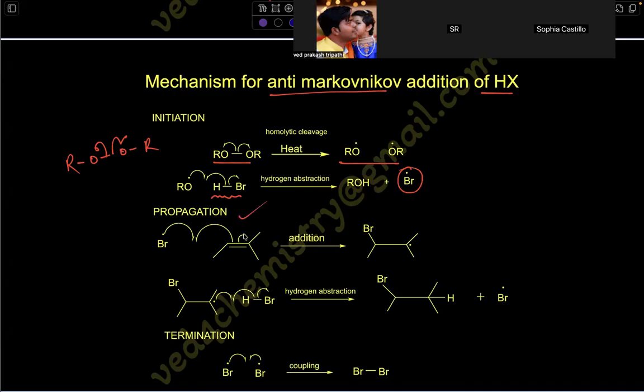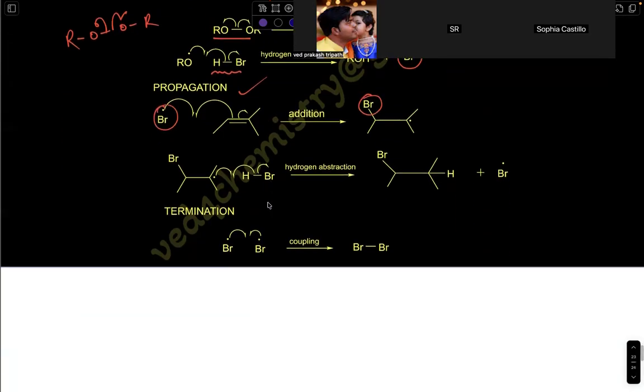Next is propagation: addition of this bromine over this alkene. So this is the addition step. Then we have hydrogen abstraction, so you have this product, and the last step is termination, which is a coupling one. So you have this. Make sense?